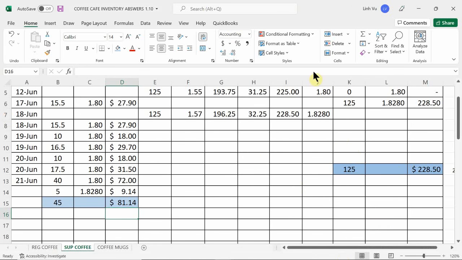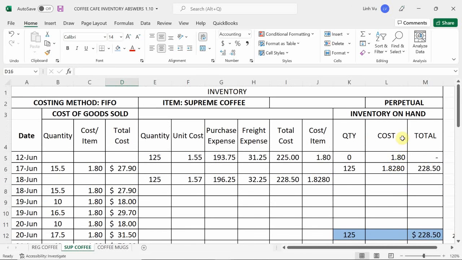So therefore, I need to adjust my accounts accordingly because now I am only left with 120 pounds, okay, which should yield me $219.36, right? If you do the calculation manually, if you take 228.50 minus the $9.14, you should get $219.36.